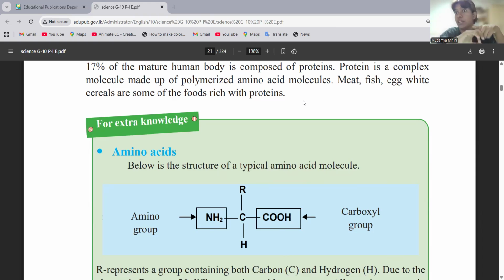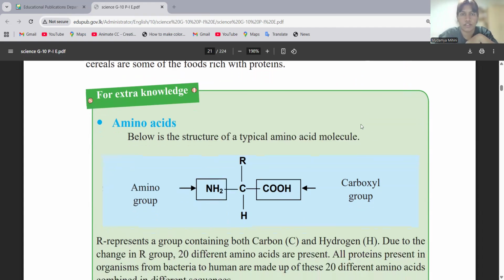Protein is good for muscle gain, and it's also a source of energy. When you take carbohydrates, it's the first thing that gives you energy, and the second would be lipids. Proteins are third, as I remember. Carbohydrates are the most important for strength. But proteins are in meat, fish, eggs, and so on.